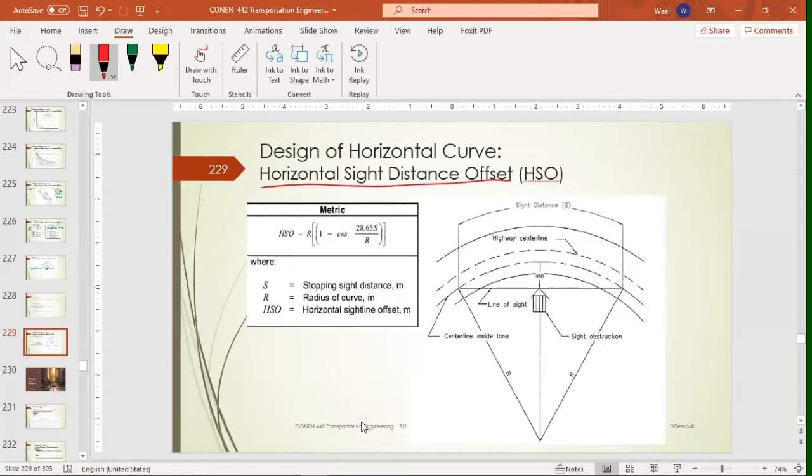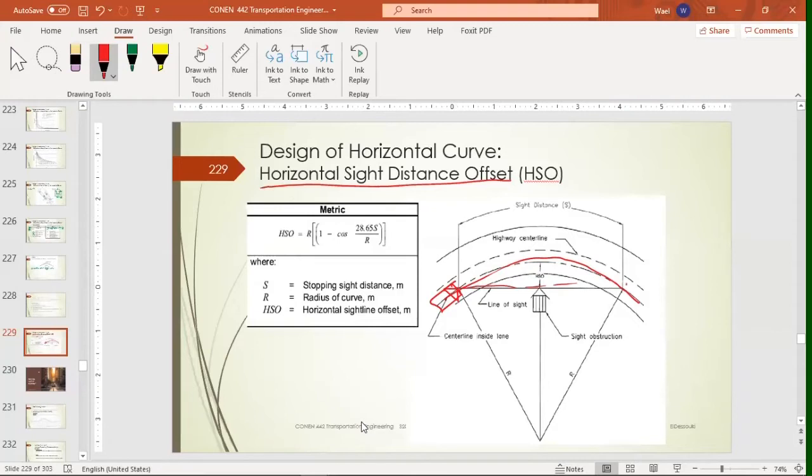If that's the horizontal curve, and that's the vehicle trajectory that we can see here, drivers of a car here must have a clear sight line.